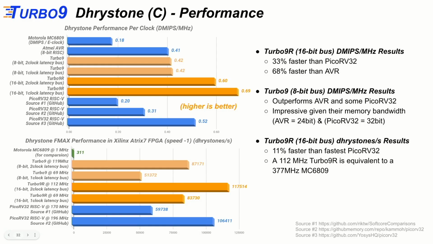So you can see here that the Turbo9 with a 2 clock cycle latency actually achieves the best performance, because now you're balancing. You say, I'm going to give up 1 cycle of latency for a higher clock speed. So you see here it's running 112 megahertz versus the 1 clock cycle latency is only running at 69 megahertz. So it actually achieves higher raw performance in that case.